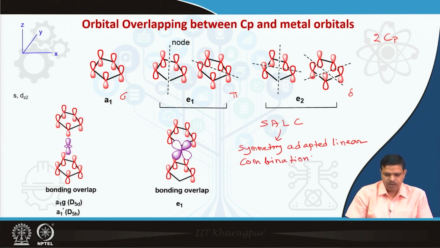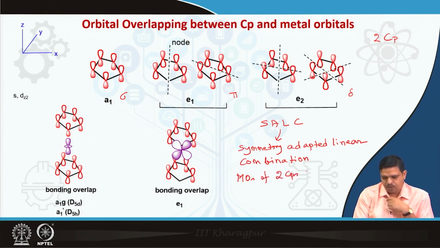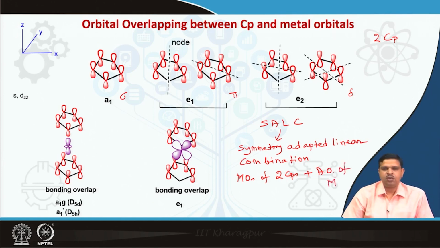Basically we combined the orbitals of two Cps plus the atomic orbitals of the metal. For 3d transition metals, we took 3d, 4s and 4p.